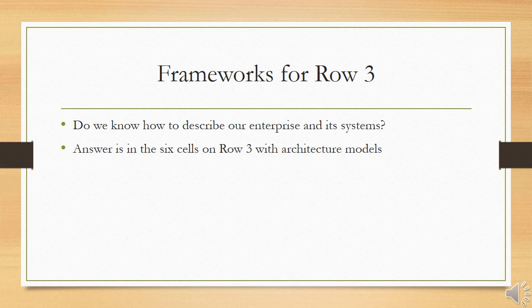Many organizations, however, do have a clue about their choice of frameworks. For row 3 models, people in the US Department of Defense choose the DoD Architecture Framework, an ever expanding amalgam of viewpoints and model types.